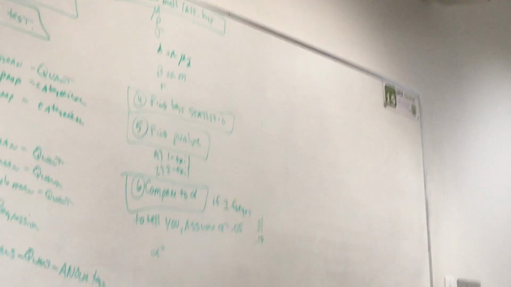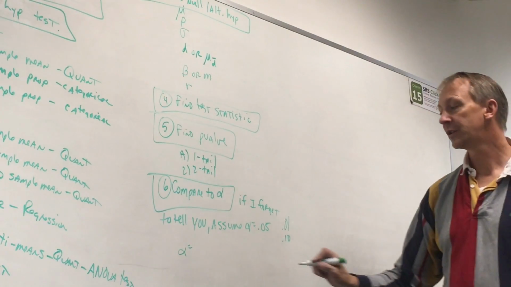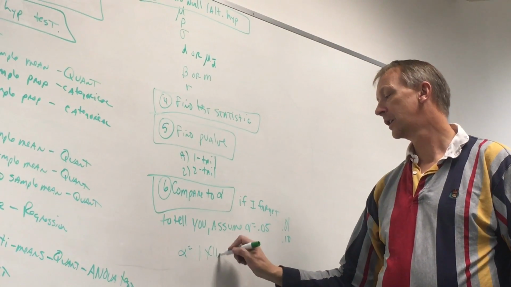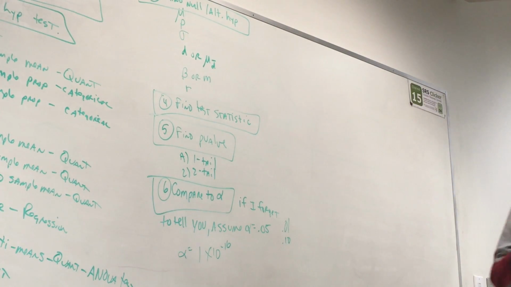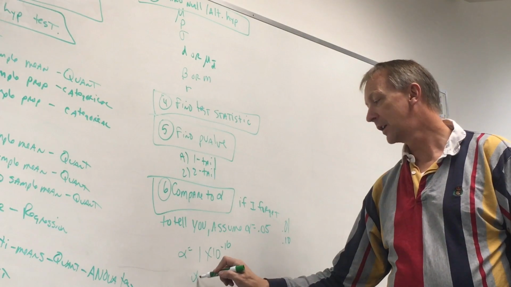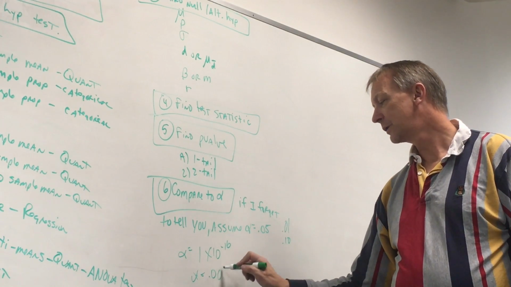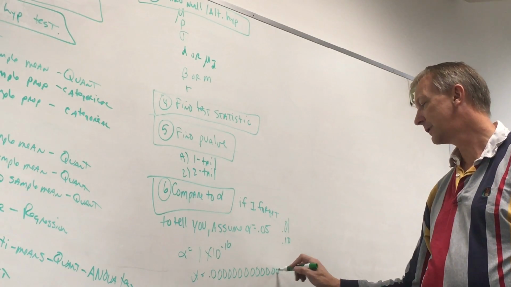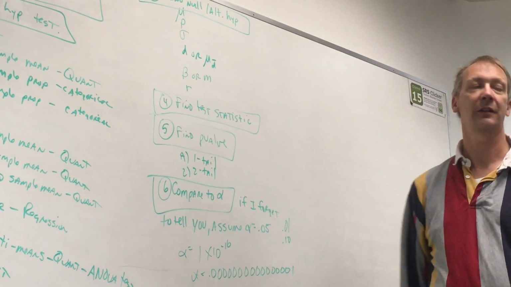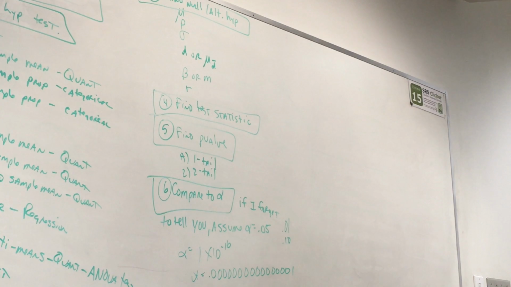And the alpha that they chose was 1 times 10 to the minus 16th power. Just to make sure you know what that is, that equals 1, 2, 3, 4, 5, 6, 7, 8, 9, 10, 11, 12, 13, 14, 15, 16. That's pretty small.